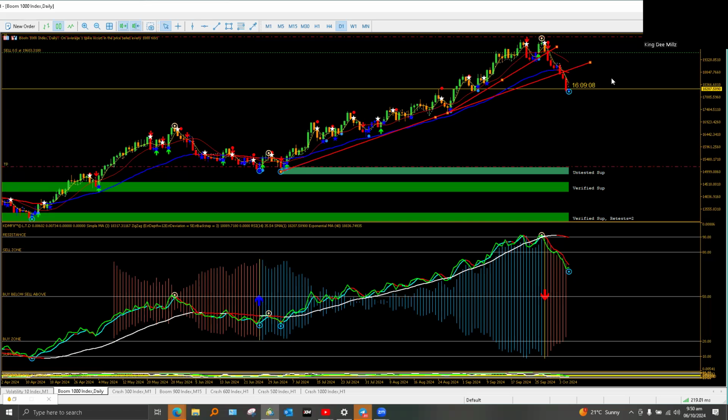So in order to safeguard your account with this lot size, 0.50, you look at this point here and say, if the market was to go against me, I'm going to lose about 300 US dollars. Then if it goes accordingly, I'm going to gain 2,200 US dollars or even more, according to where the lowest point of the market is.